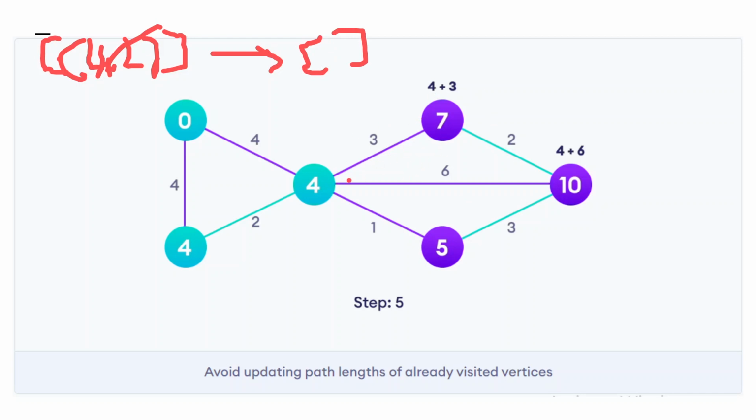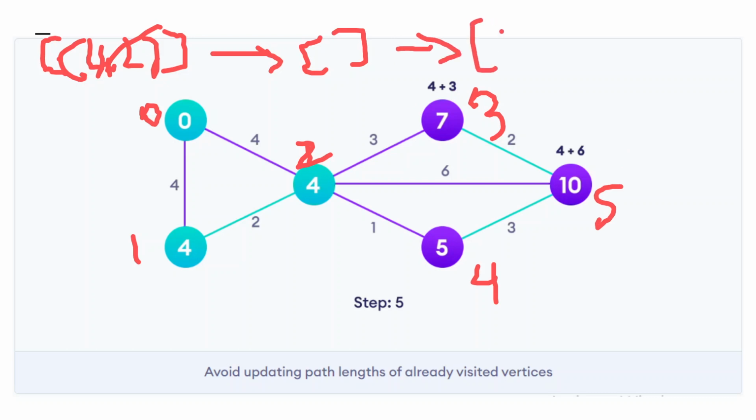So this is 0, this is 1, this is 2, this is 3, 4. You have updated this, so you're going to add all this to the priority queue.